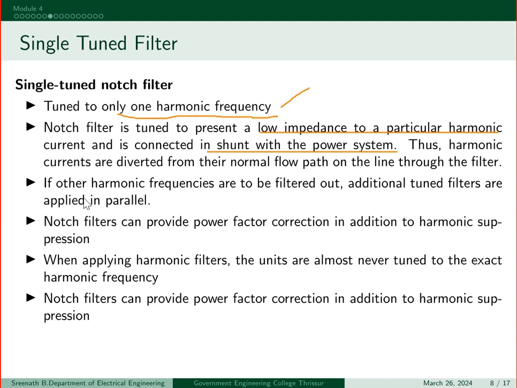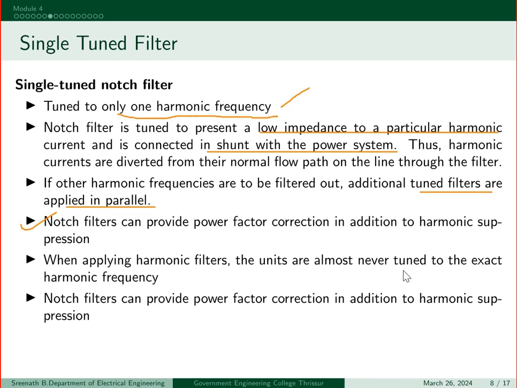And if you want other frequencies also to be filtered out, you will have to connect additional filters in parallel at the point of common coupling, so that you will be able to remove additional frequency components also, and can provide a power factor improvement in addition to harmonic suppression.